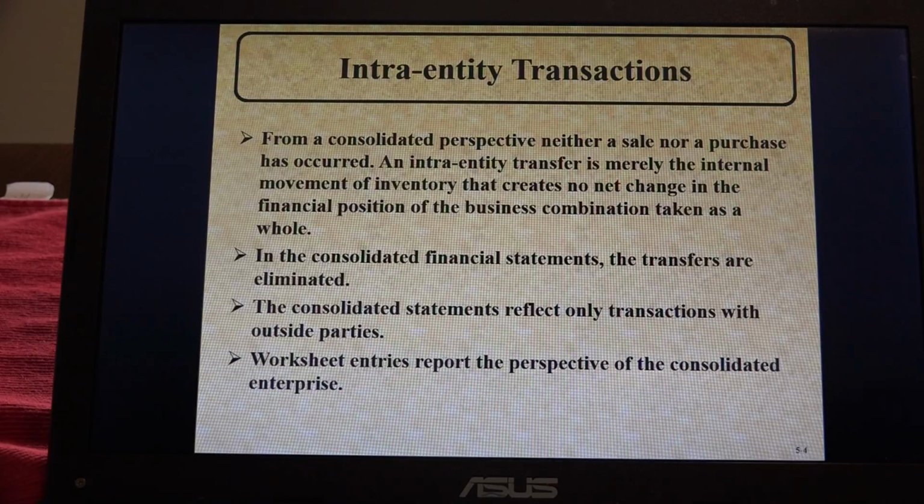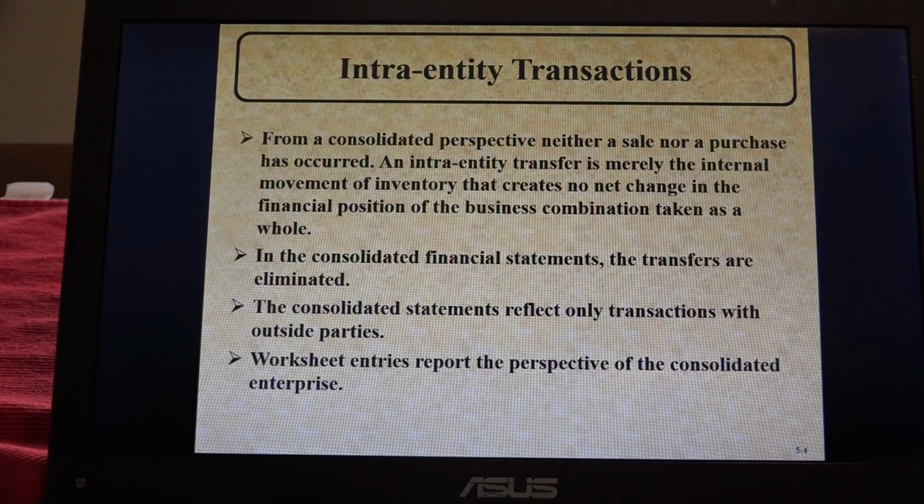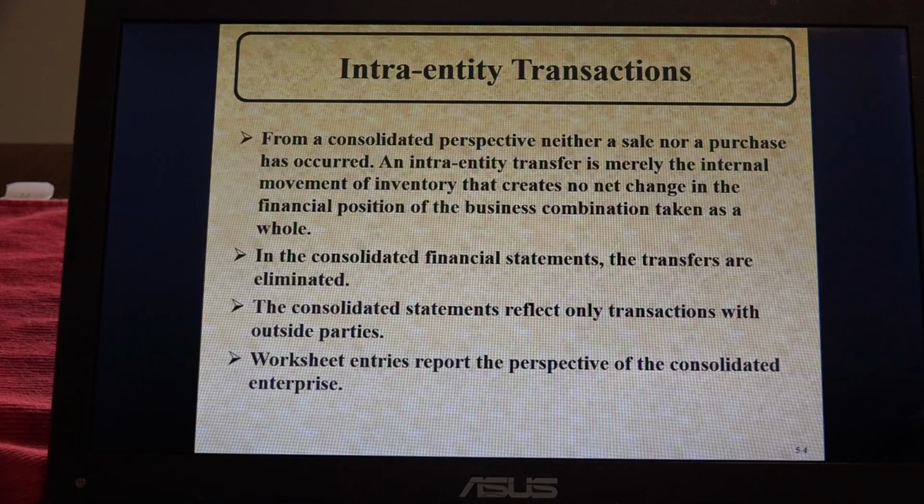But even though we record a sale or a purchase, depending on whether you're a seller or a buyer, from a consolidated perspective, neither a sale nor a purchase has occurred because, again, we're one entity for consolidation purposes. And so an intra-entity transfer is merely the internal movement of inventory that creates no change in the financial position of the overall consolidated whole.